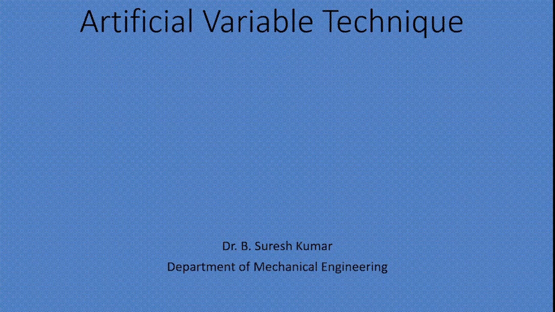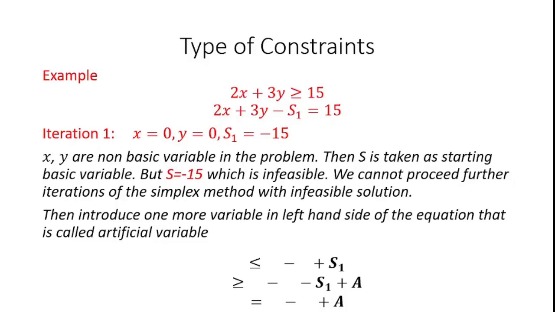In previous videos we discussed the simplex method to solve maximization and minimization problems. Here, why do we move to the artificial variable technique rather than the simplex method? Let's see. We may use different constraint equations to solve objective functions in operations research.